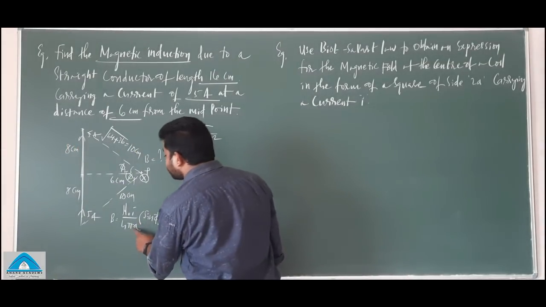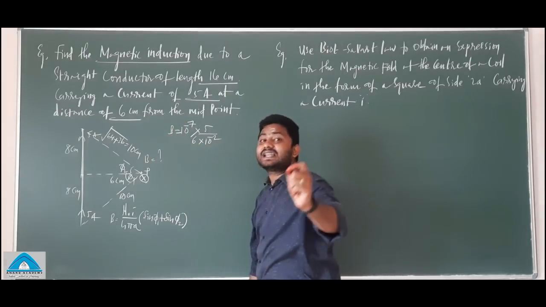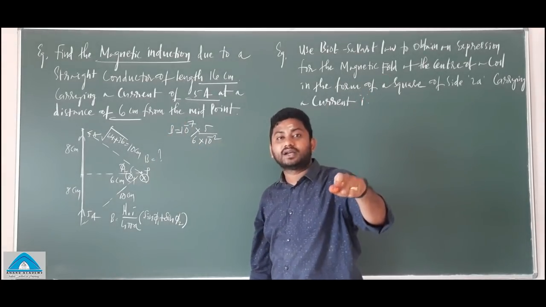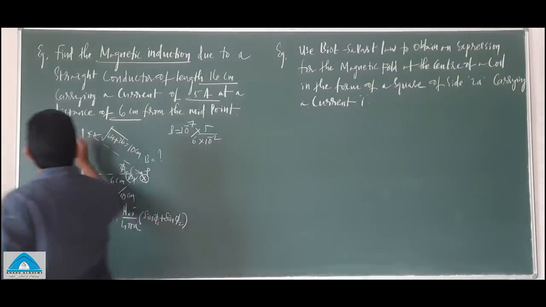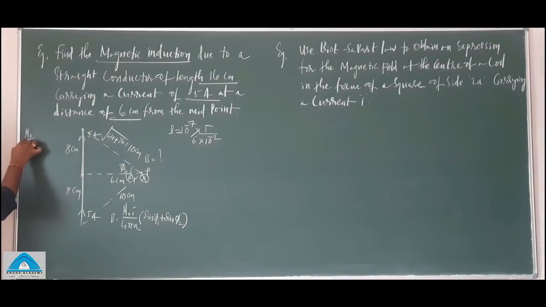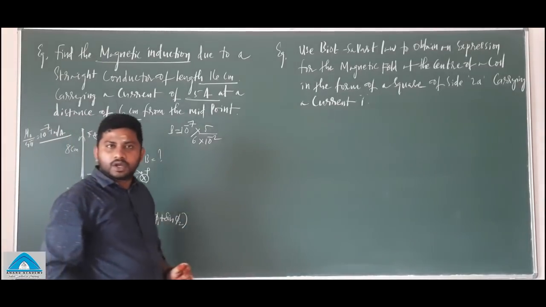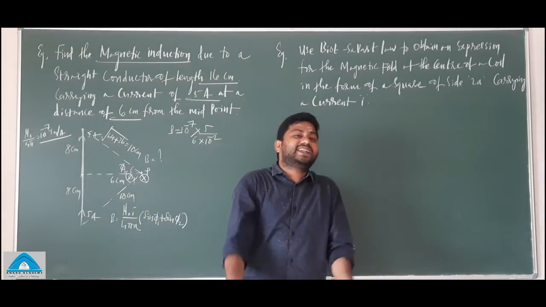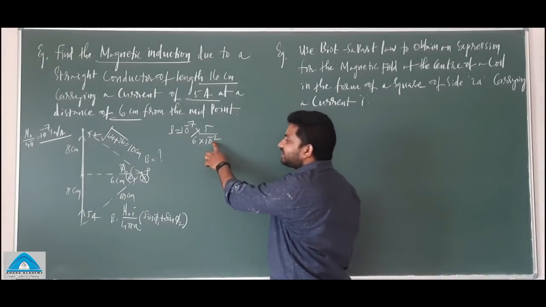Because this 10 raised to minus 7 is Tesla meter per ampere. I hope you got the point. So the mu naught by 4 pi value is equal to 10 raised to minus 7 Tesla meter per ampere. This is the SI unit, and the SI unit of length is meter. So that's why we have to convert this into meter.